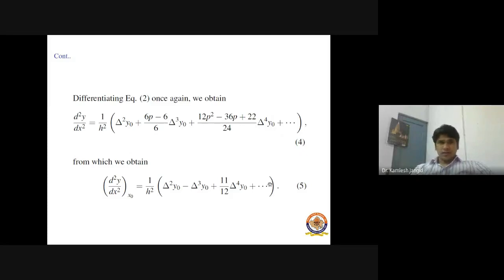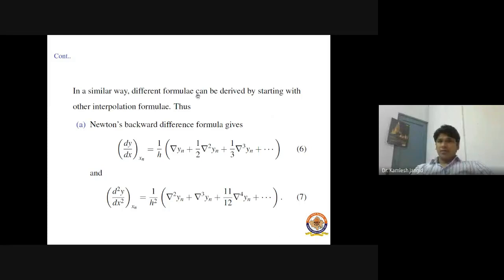In a similar way, different formulas can be derived by starting with other interpolation formulas. It means Newton's backward difference formula gives the following. We know that Newton's backward difference formula was used to find the interpolating polynomial at the end of the tabular values.